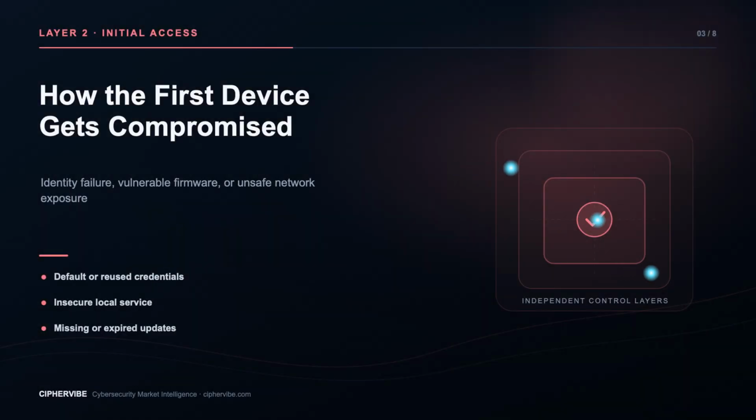Initial access usually follows familiar patterns. A reused vendor account password is captured elsewhere and tried against the smart home cloud. A device ships with a weak or shared credential. An unnecessary local service accepts unauthenticated commands. Pairing trusts whoever is nearby. A firmware bug remains exploitable because updates stopped.